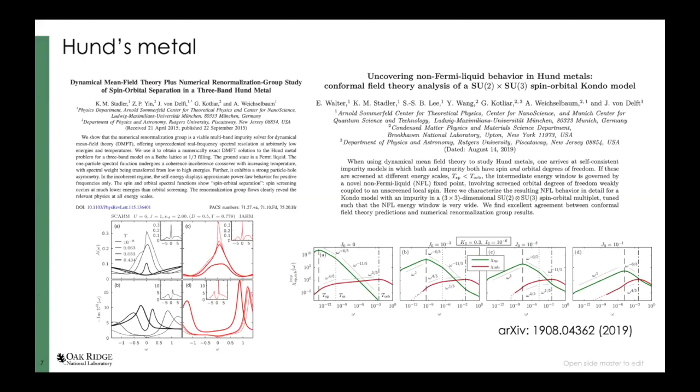These two temperatures are different in the Hund's metal phase. At high temperature, you first enter the orbital coherent regime, but your spin still remains frozen. In that special regime, you have what people now call Hund's metal physics.